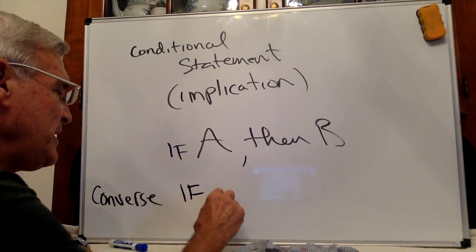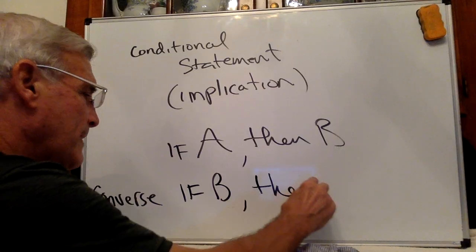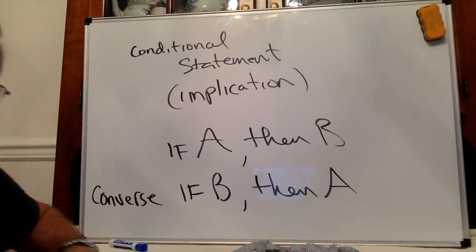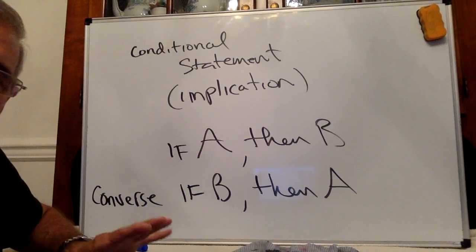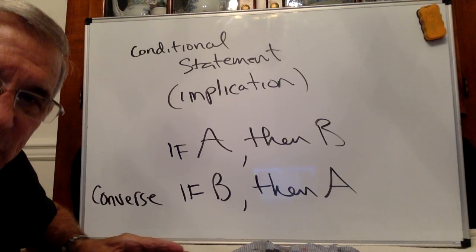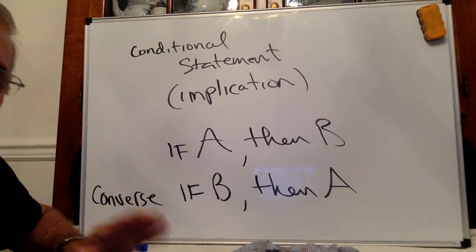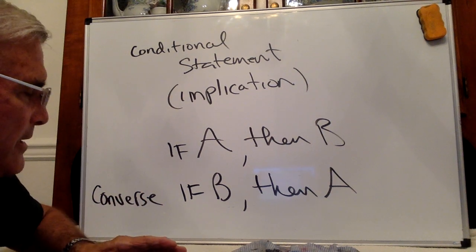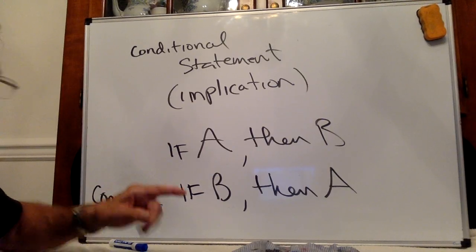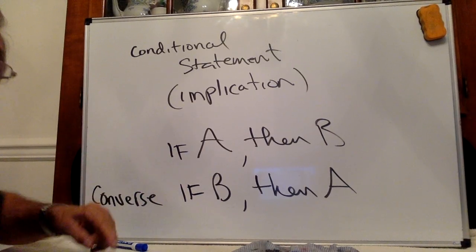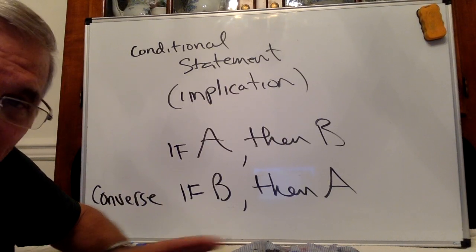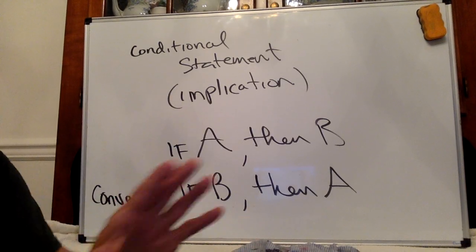So the converse would be if B, then A. So a definition can always be written as an implication or conditional statement. And every definition has to be reversible. In other words, every definition and its converse will always be true. That is not the case with all statements, and we'll talk more about that.